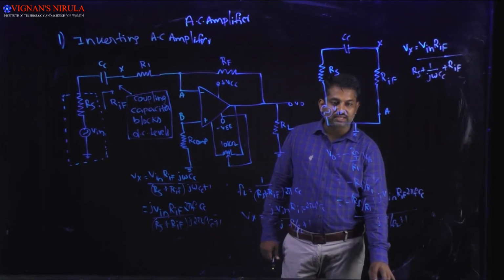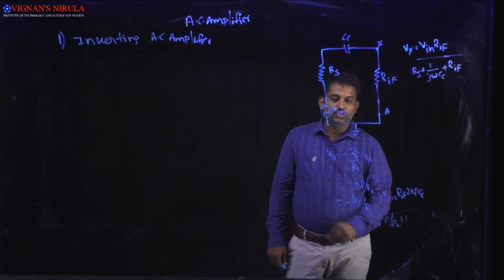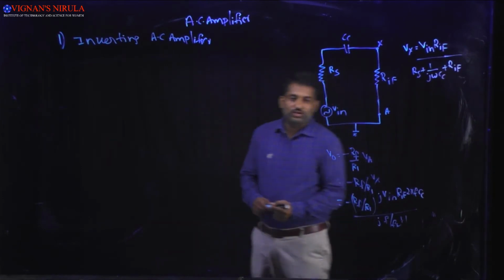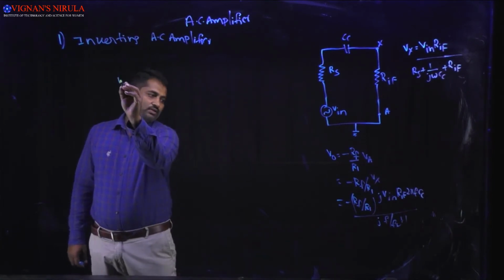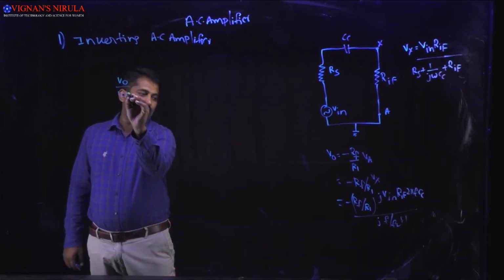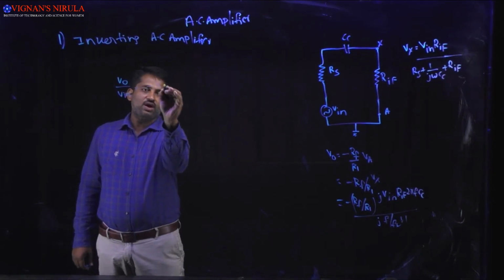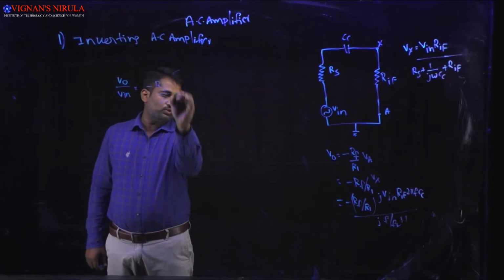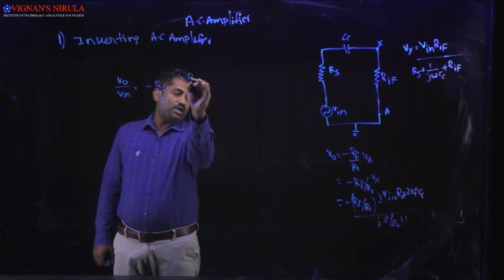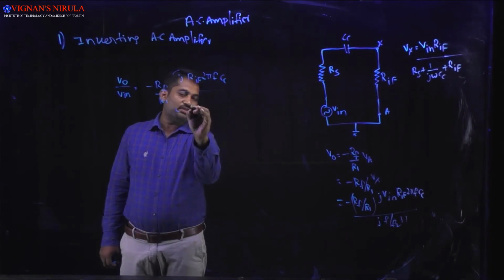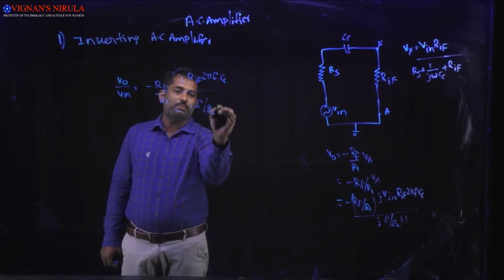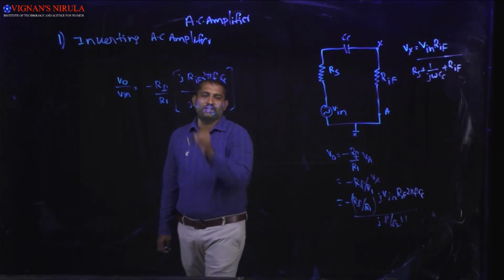Once we calculated the V naught value, we can easily calculate the gain also. V naught divided by Vin will be equal to minus of Rf by R1 into j RIF into 2 pi f Cc divided by j into f by FL plus 1, which is nothing but the gain.